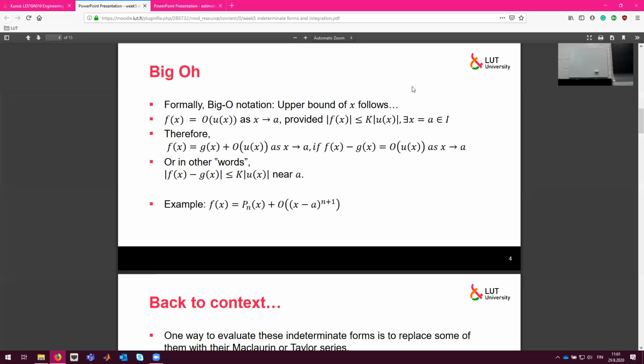For example, for our Taylor polynomials, the big O follows x minus a to the power of n plus 1. We skip the constant, which was the derivative of degree n plus 1. This is how we read the big O notation.